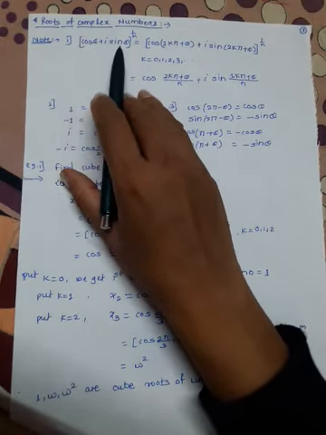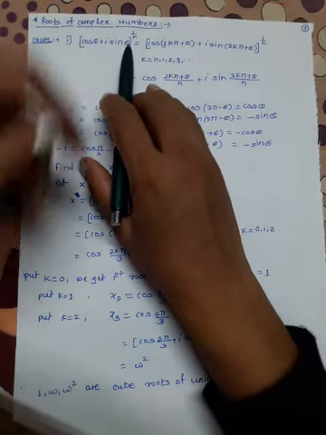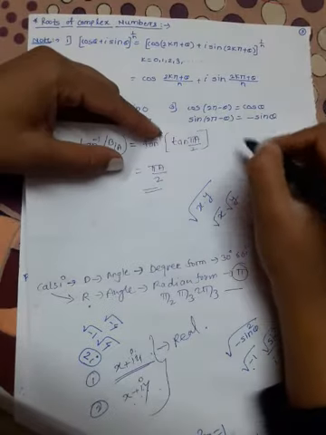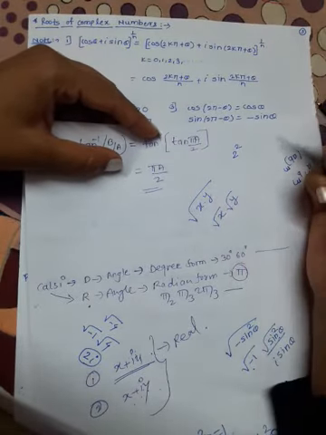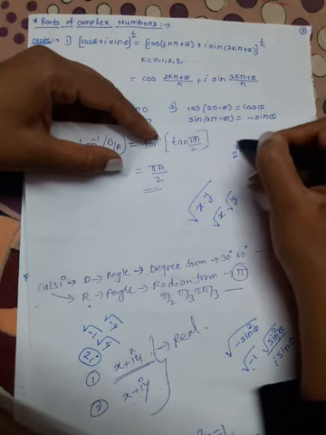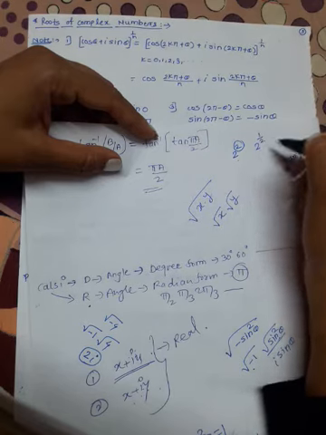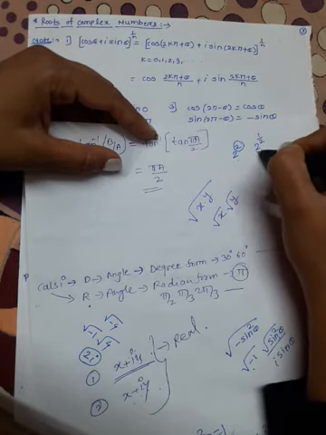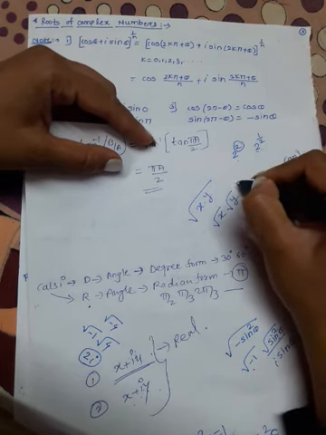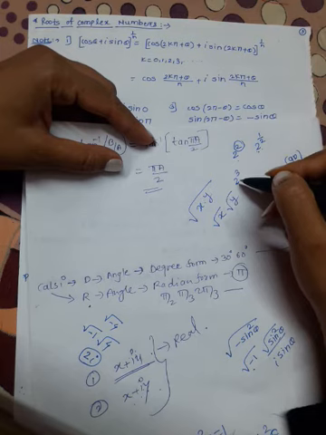Cos theta plus i sin theta raised to 1 upon n means the nth root; whatever the index, reverse it to 1 by n. If 2 square is there, 2 raised to 2 means square of 2, right? If we reverse this 2, 1 upon 2, it becomes a root of 2. For example, 2 cube means 2 raised to 3, the cube of 2.